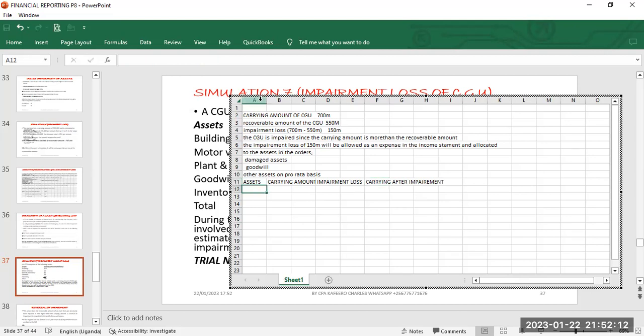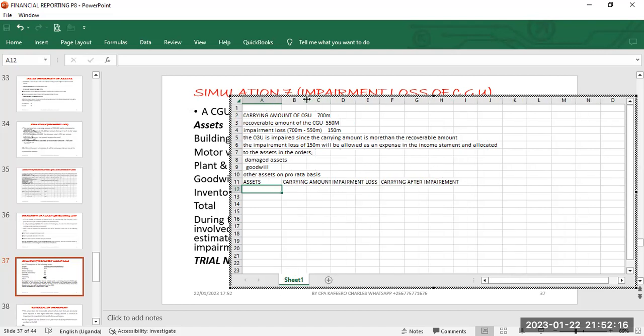We have assets, we have the buildings. Can go in their order.